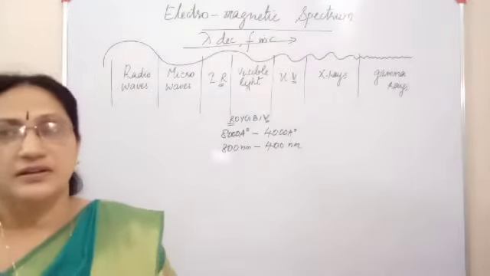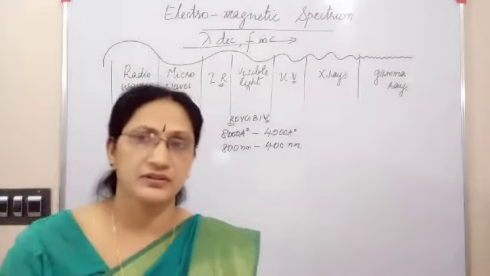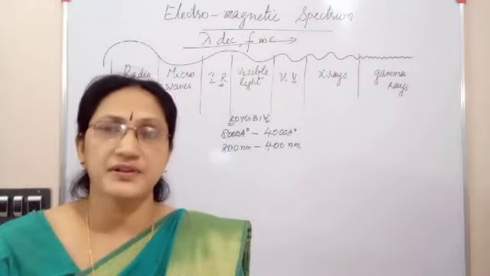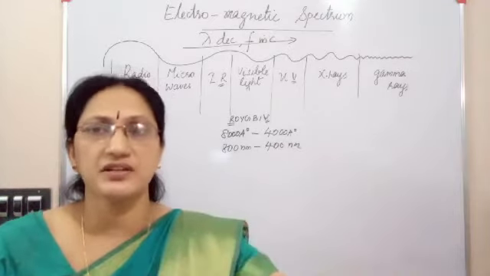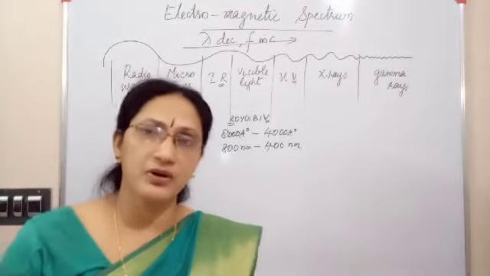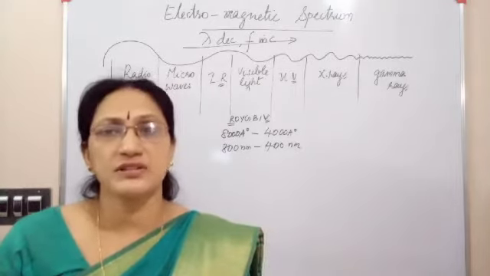Gamma rays have very high penetrating power. Even through a metal sheet they can penetrate. They can pass through the human body, and thereby make some biological damage.